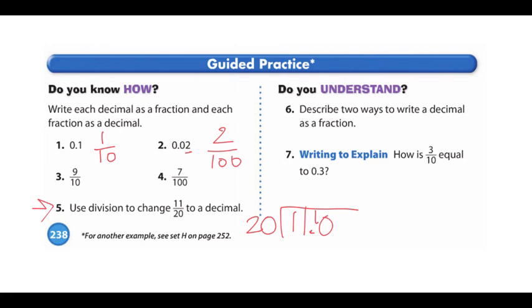Go straight up. Does not go in there, so we can put our 0, or we can say 20 into 110. Well, I know 20 times 5 is 100. Subtract that. I'm going to have to add another 0 because 20 does not go into 10. Bring down. 20 goes into 100, as we know, 5 times.